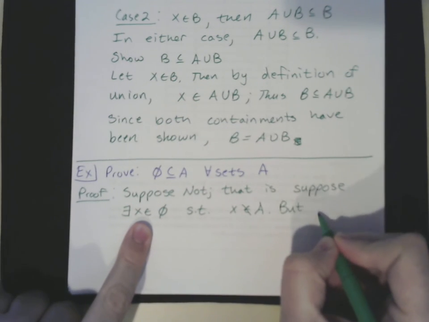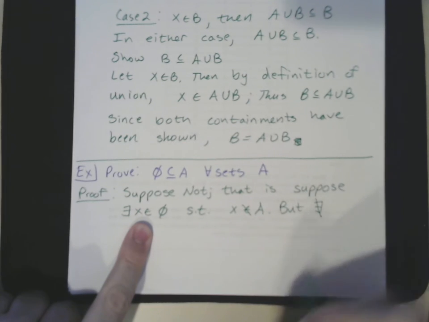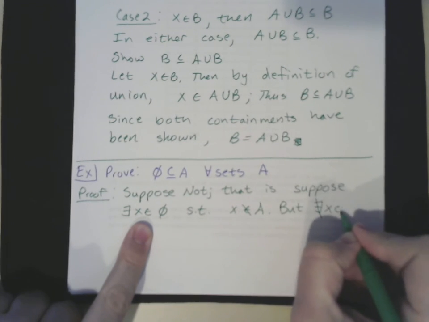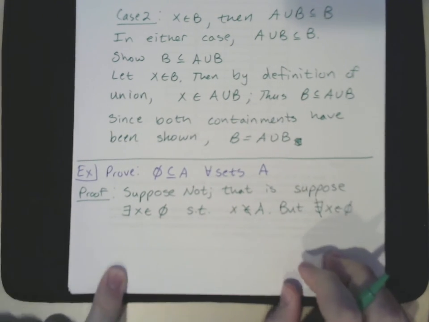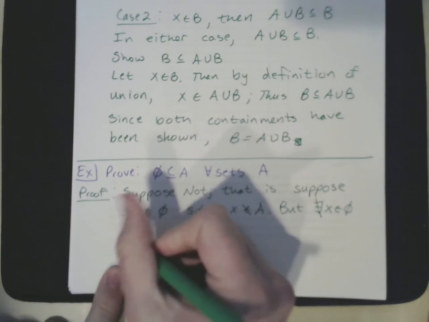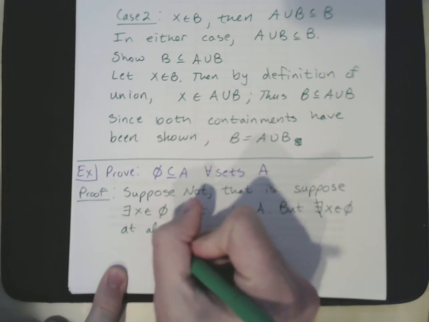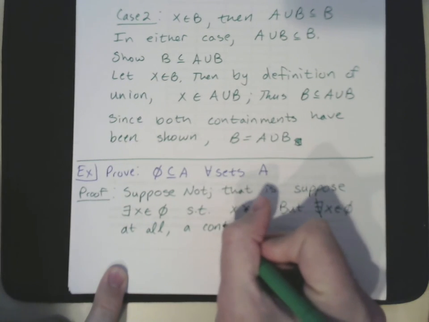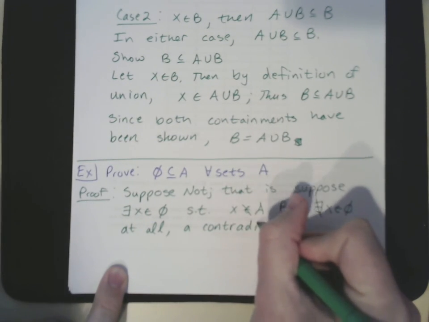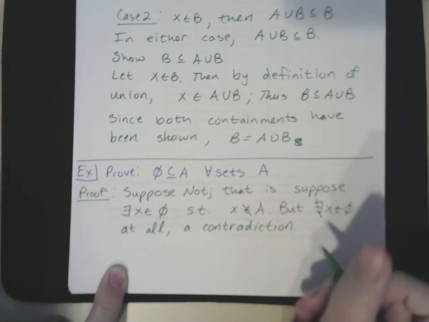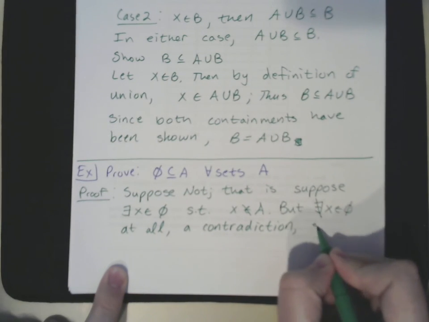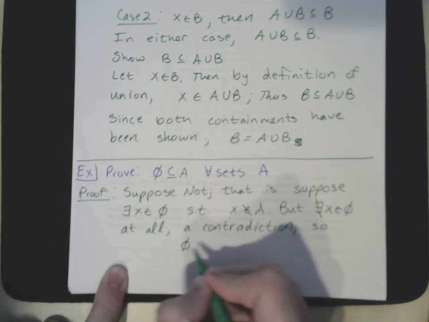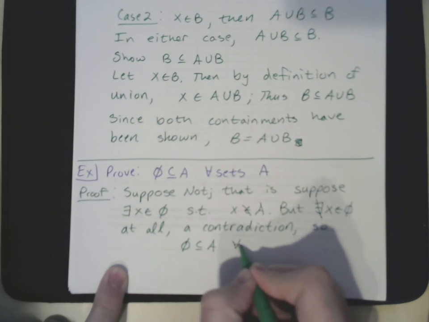But we know there does not exist an X in the empty set. And this is at all, because it's empty. And this is a contradiction. So the empty set is a subset of A for all sets A.